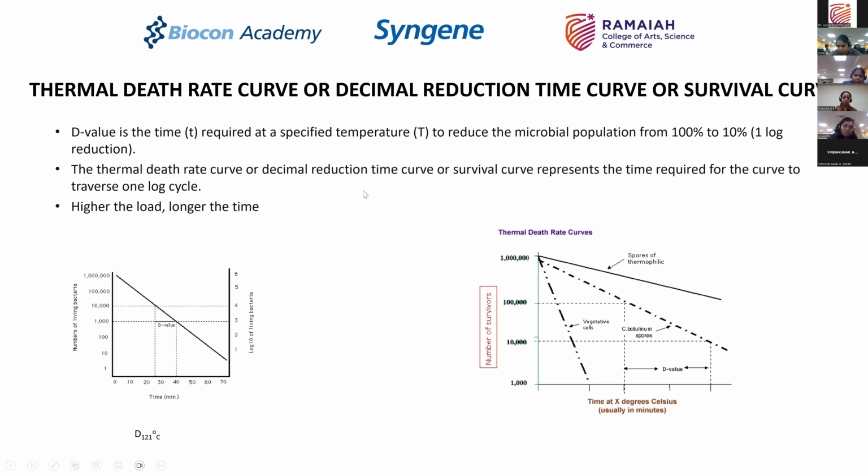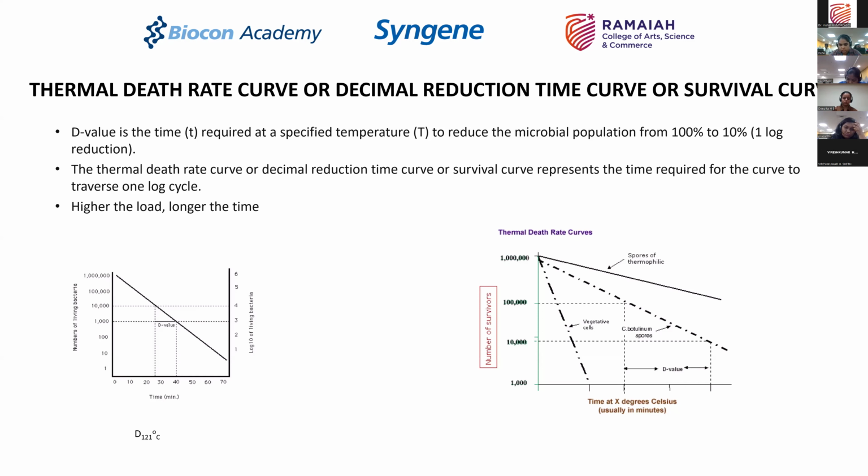So that red curve can also be plotted. The higher the load inside the chamber, the longer is your time for achieving this one log reduction. So it is important that when we do cycle development, when we do a loading of an autoclave, we optimize the load so that you are not taking too long in your manufacturing process.